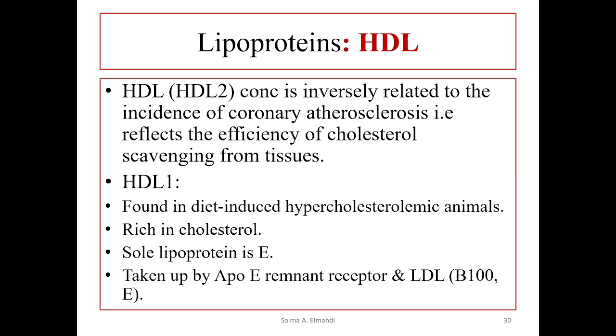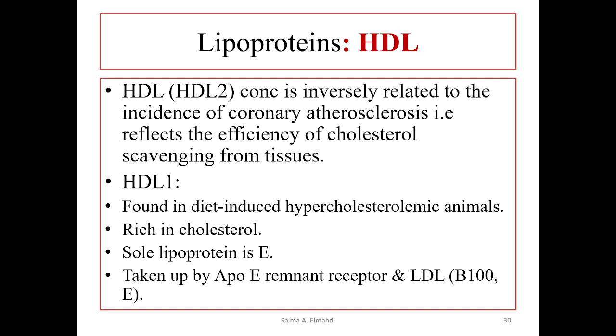HDL2 concentration is inversely related to the incidence of coronary atherosclerosis. So this reflects the efficiency of cholesterol scavenging from tissues, because it functions in reverse cholesterol transport. It scavenges, removes, or clears cholesterol from the peripheral tissues, from the extrahepatic tissues, back to the liver.